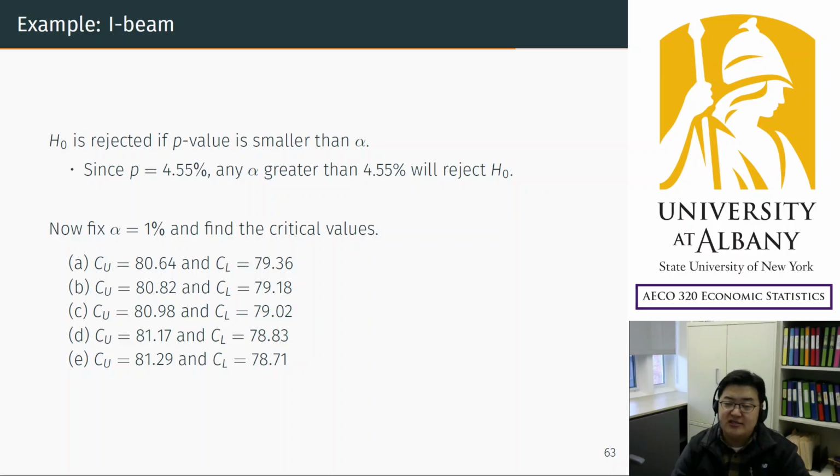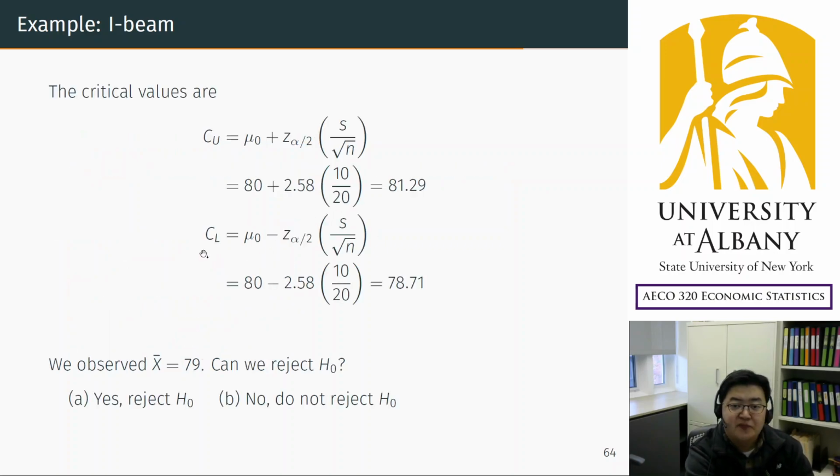This algebra is quite similar to the algebra for the confidence interval. Remember, the formula for the critical values takes this form. It's centered around the belief, and you allow this much margin. The margin is exactly the same form as the confidence interval's margin, right? We use 1%, and 1% is associated with z alpha over 2 of 2.58.